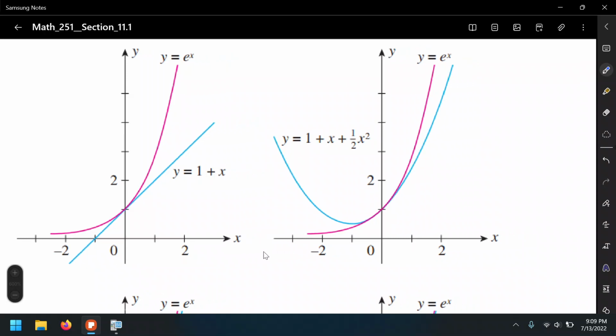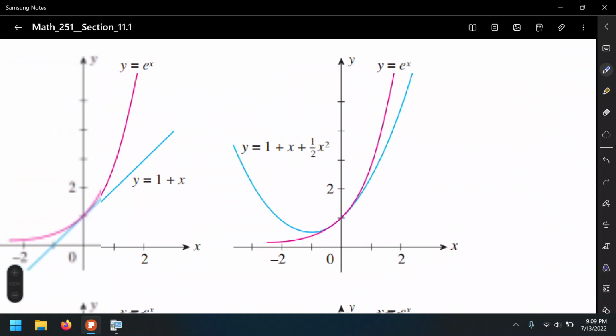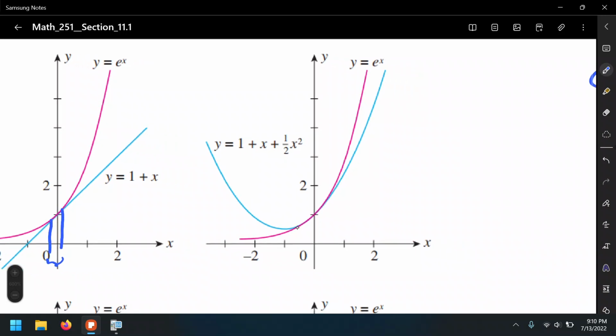For example, here on the second picture, we have the graph of e to the x in pink, and in this case we have not the linear approximation but the quadratic approximation. As opposed to the linear approximation, where the values are close to one another for only a very small range of values, the quadratic approximation makes this range a lot bigger.